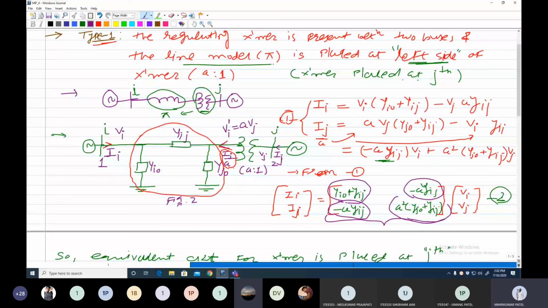A square, yes, very good. So the first element will change, and the rest of the elements remain the same. Can I say that? Or you can verify it by yourself also.